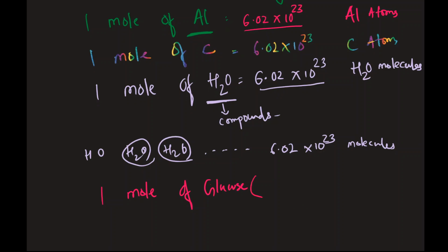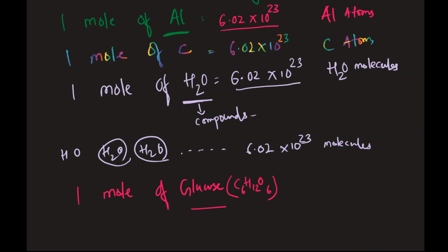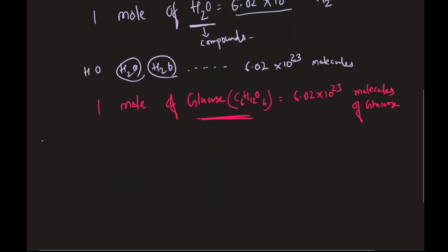The glucose formula is C6H12O6. So this is a compound, right? So we're gonna have 6.02 times 10 to the power 23 molecules of glucose. Good. All right, so let me do a problem for you guys. It's pretty simple.